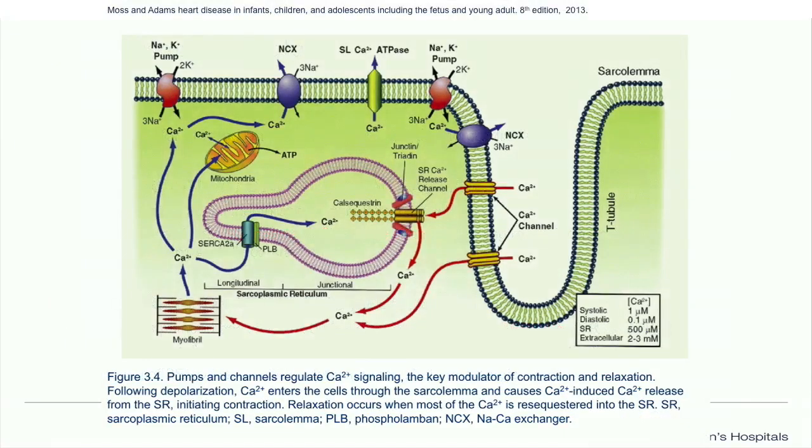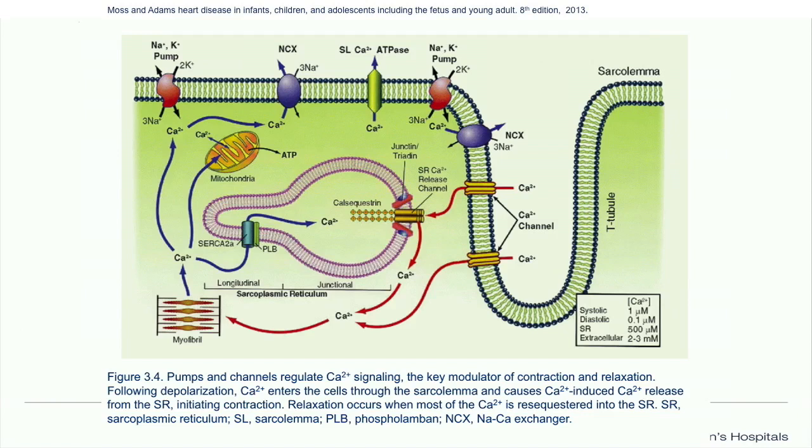This is a nice summary diagram of the process. You have depolarization and calcium inflow from the cell membrane via the L-type calcium channels, right here. That activates ryanodine calcium release channels on the sarcoplasmic reticulum. This phenomenon is known as calcium-induced calcium release and is what is responsible for the sharp increase in intracellular calcium during systole.